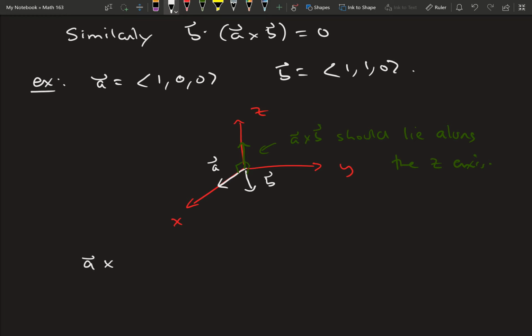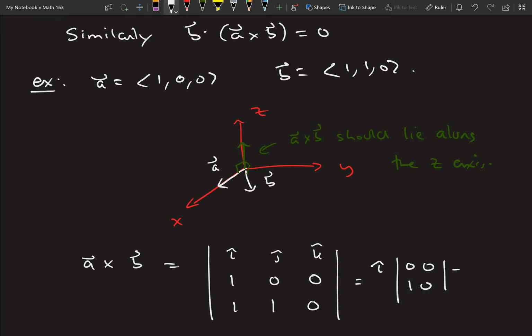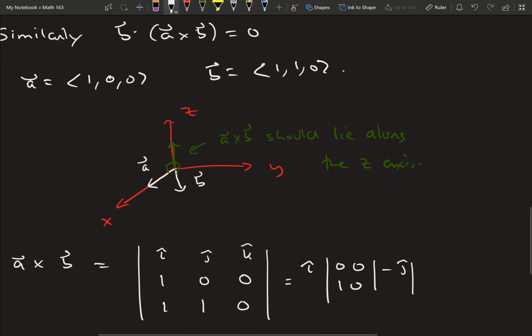So A cross B, well, what is that? You first put your i, j, k, then you put your A vector first, then you put your B vector. Well, what do we get here? Let's just expand. So we have i times the minor matrix, cross out the row, cross out the column, we get 0, 0, 1, 0, minus j times the determinant of the minor 1, 0, 1, 0. Again, you cross out the corresponding row and column, and then plus k times 1, 0, 1, 1.